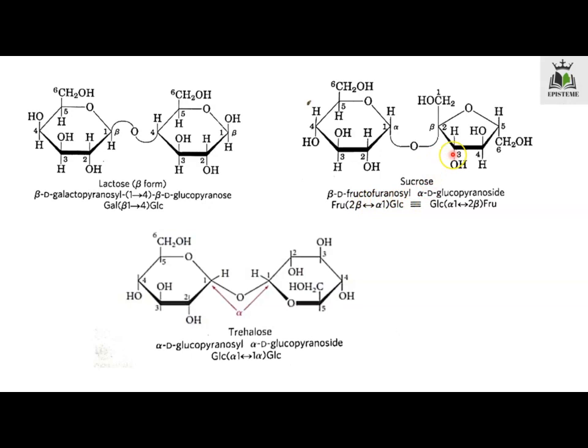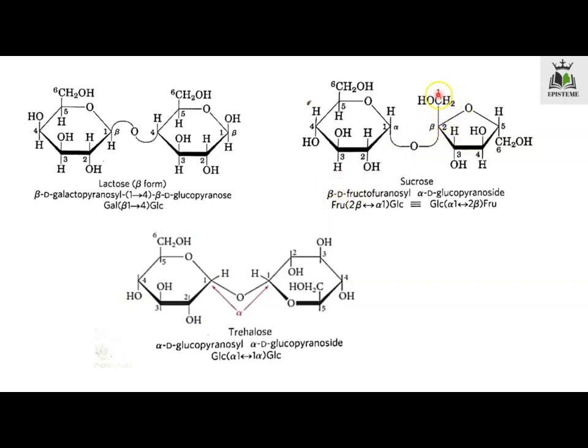Now the anomeric carbon, this is beta. Why is that? Because you see this OH is directing in a downward direction, but still we are calling it beta.